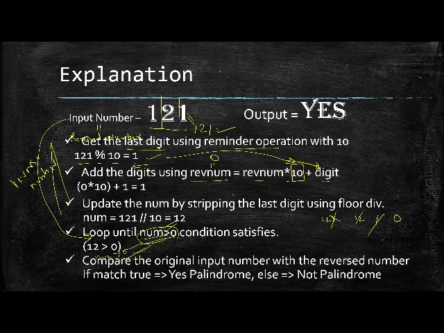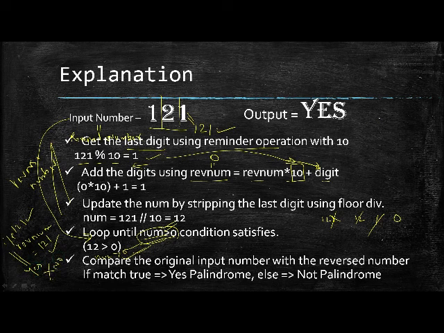So finally, once we go through all these steps, we get the reverse number. In this case, the input is 121, and the reverse number is also 121. So now, if the input number and the reverse number match, then yes, it's a palindrome, or else no, it's not a palindrome.